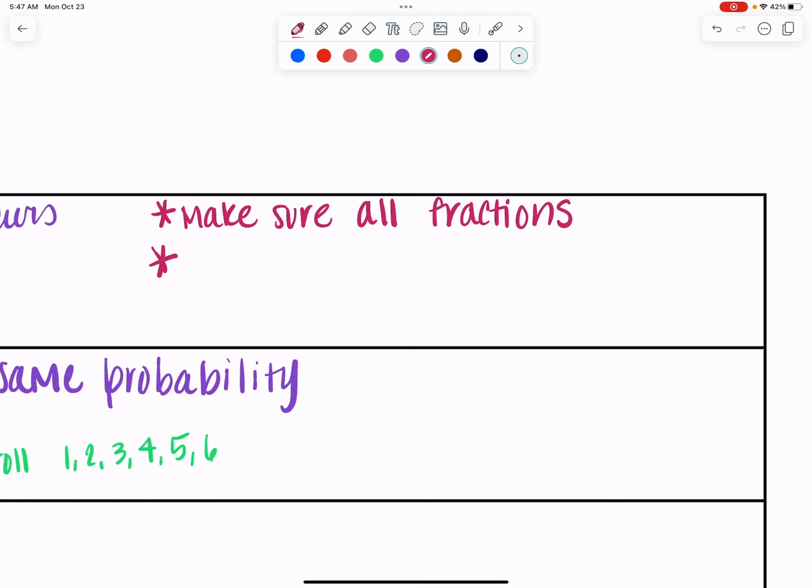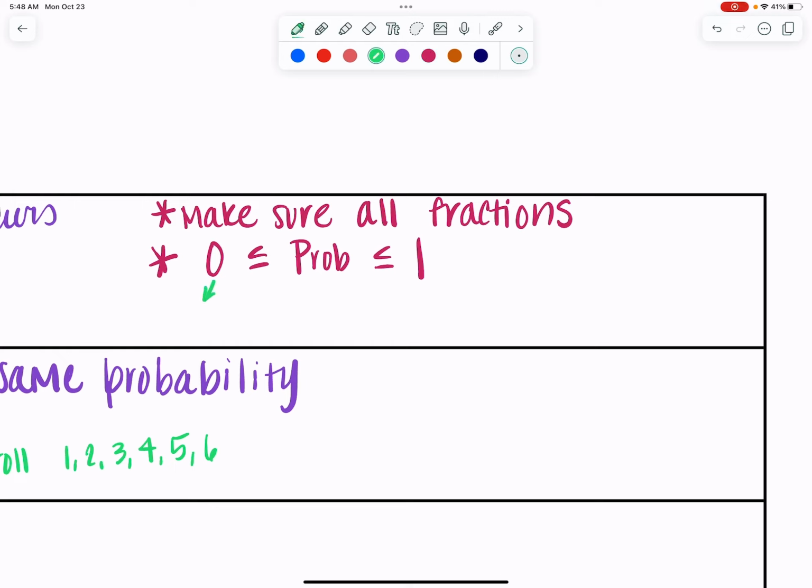And also, let's talk really quickly about the possible values for probability. When we talk about probability, 0 is the smallest probability you could have, and 1 is the largest.